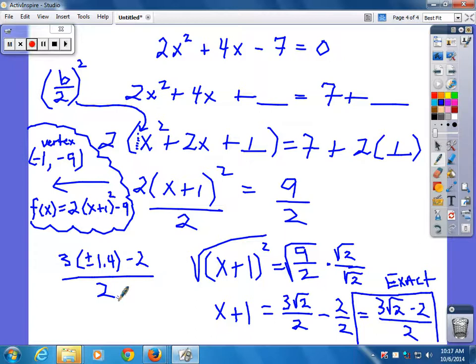All right, so we got positive and negative. 4.2 minus 2 over 2. What's $4.20 minus $2? $2.20 divided by 2, 1.1.